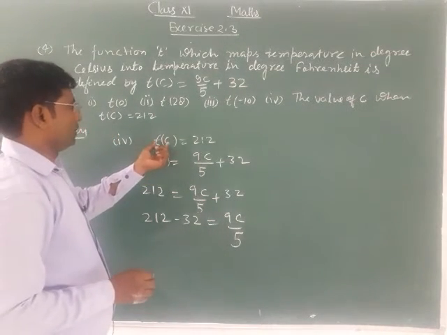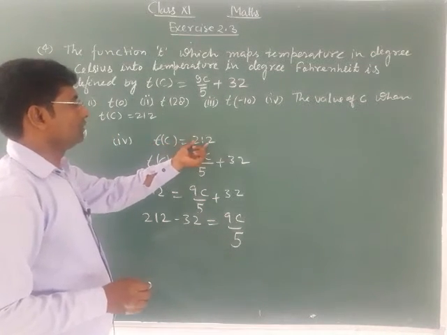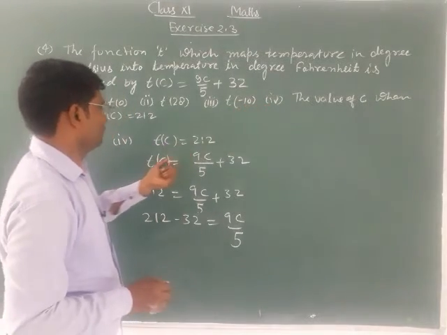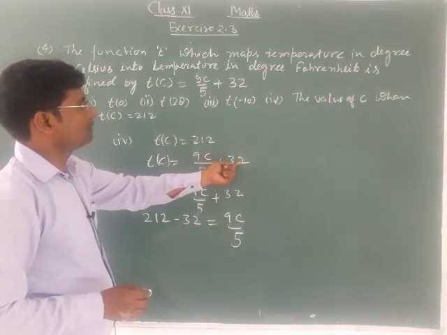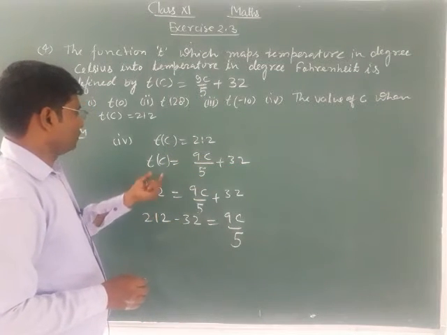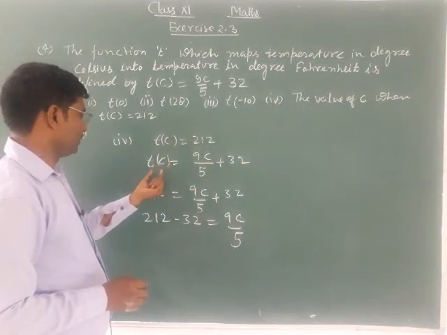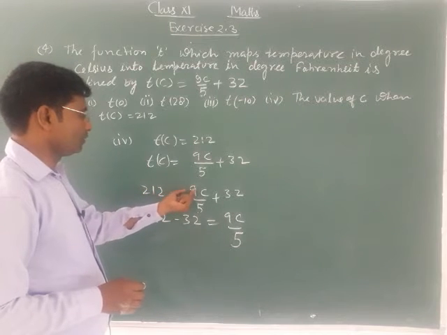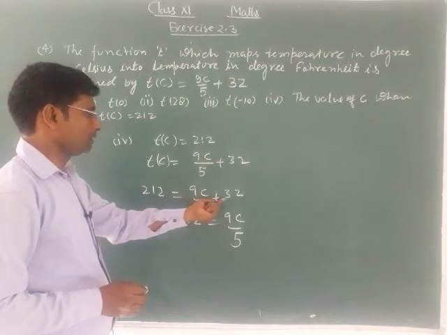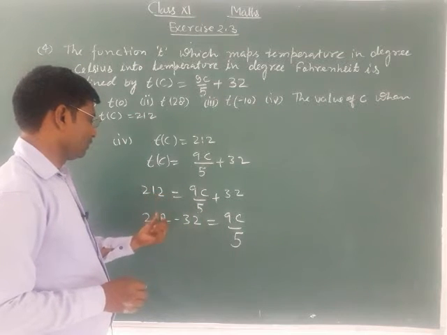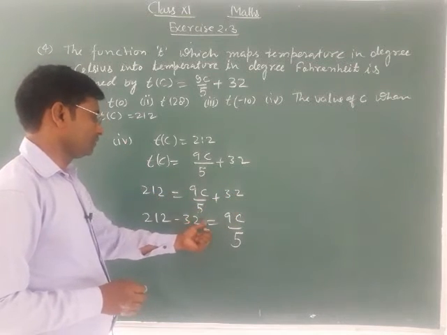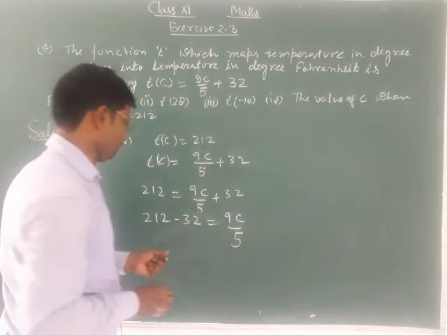So T(C) is equal to 212 as given in the question, and the function T(C) is equal to 9C/5 + 32. So put the T(C) value here: 212 is equal to 9C/5 + 32. Arrange this, so 212 minus 32 is equal to 9C/5.